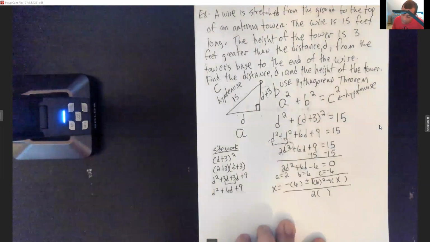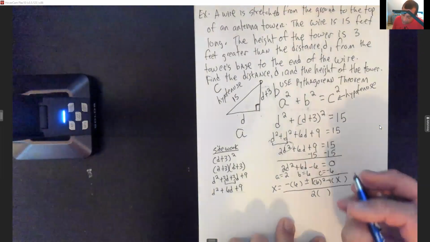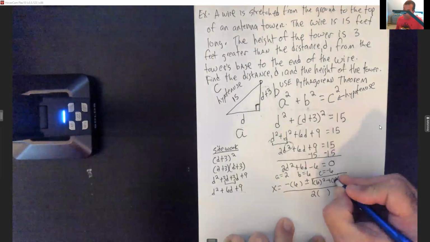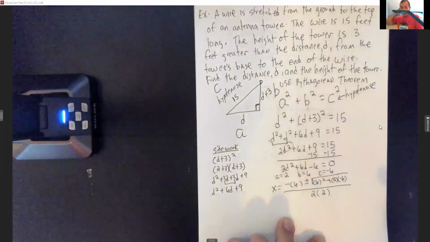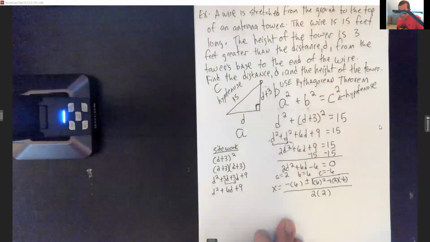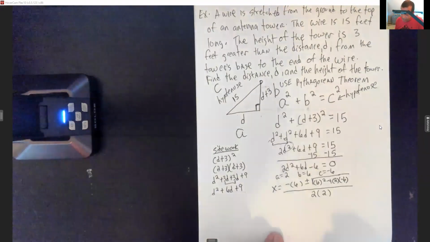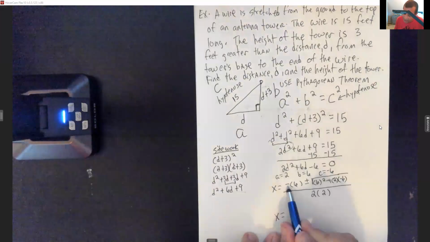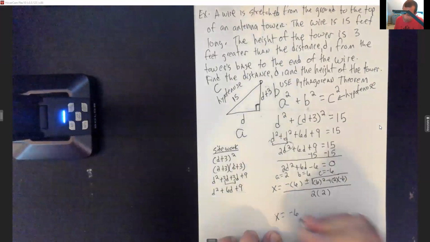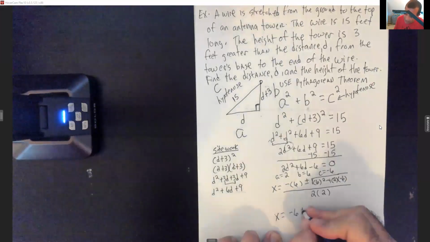A was 2, so a 2 will go there, in there. And then my C was a negative 6. So I'll probably have to flip this after I do this one or two steps. So the X will come down. Negative times a positive makes that a negative 6, plus or minus.